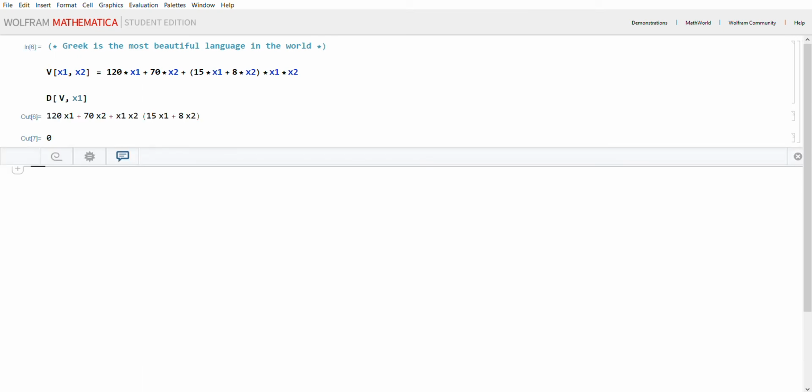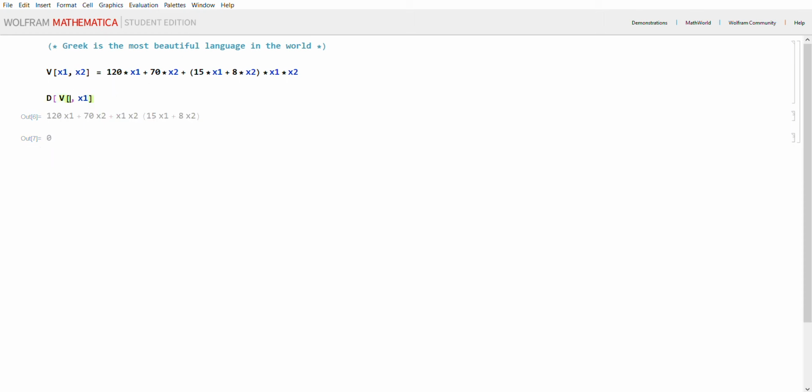You see how they give you two outputs, and the derivative is not correct because they don't know what V is. You have to specify whether V is a letter or a function. So in this case, to be precise, you have to say that V is the function of x1, x2.